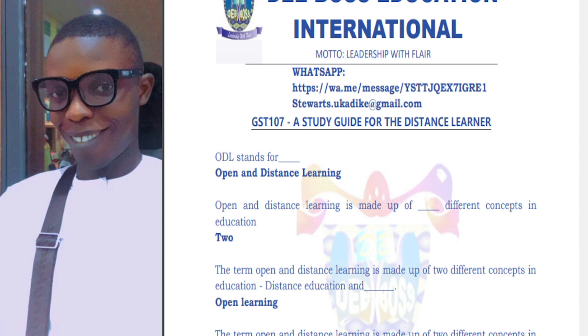Class. Today, we shall be taking a page from the Good Study Guide for Distance Learners. If you are gaining admission into the National Open University of Nigeria, you will be exposed to this particular course. It's a course for everyone coming into the system fresh.